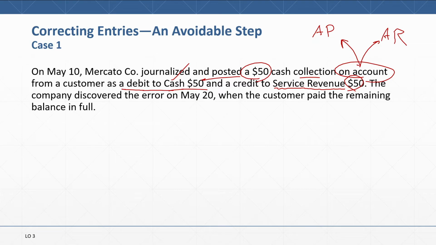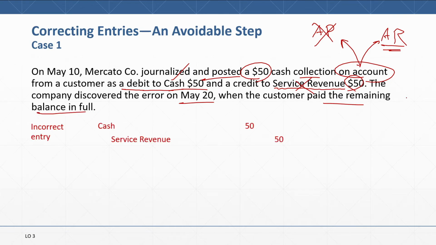In this case, we are collecting money in exchange for accounts receivable. We are receiving money, right? So that is not accounts payable, and of course it is not service revenue either. The company discovered the error on May 20 when the customer paid their remaining balance in full.